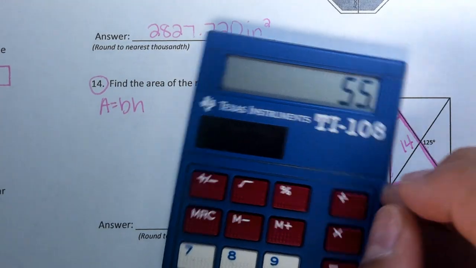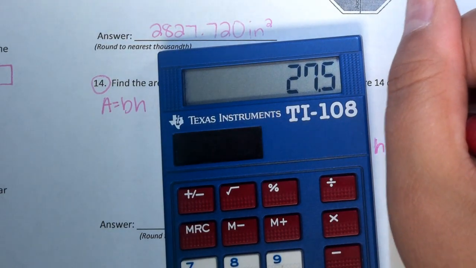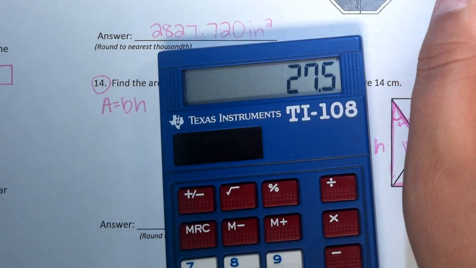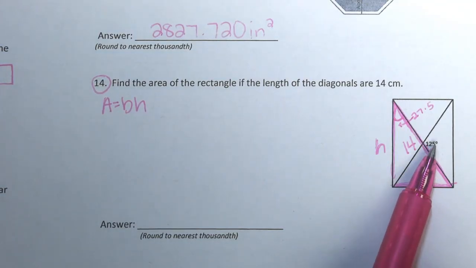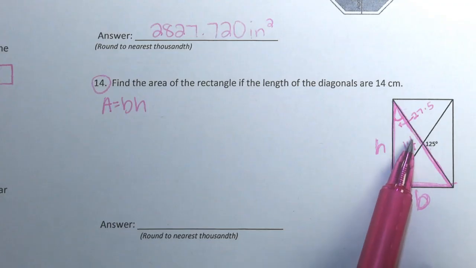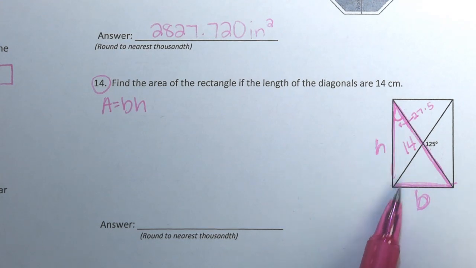Why divide by 2? Because it's an isosceles triangle. So that angle right there is 27.5. Let me say that again. This is an isosceles triangle. So I subtracted from 125 because these are both 125. And then divide it by 2 because those are the same.